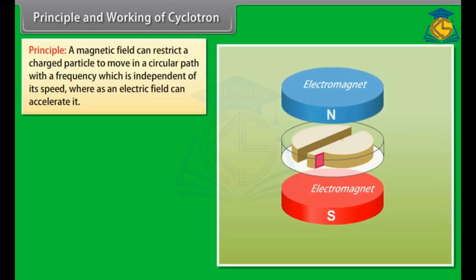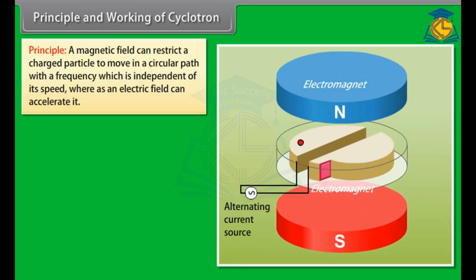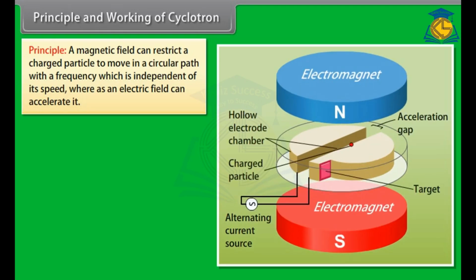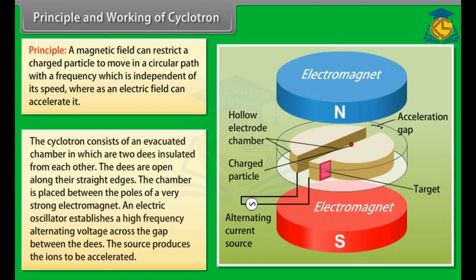Principle and working of cyclotron. Cyclotron works on the principle that a magnetic field can restrict a charged particle to move in a circular path with a frequency which is independent of its speed, whereas an electric field can accelerate it. The cyclotron consists of an evacuated chamber in which there are two Ds insulated from each other.